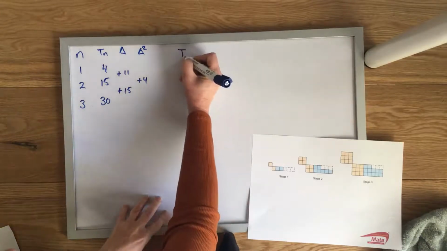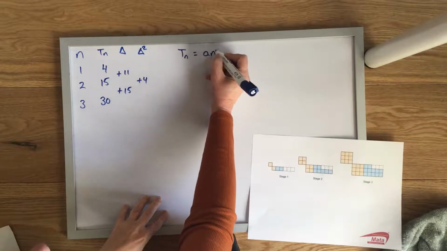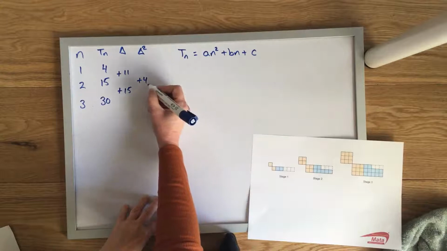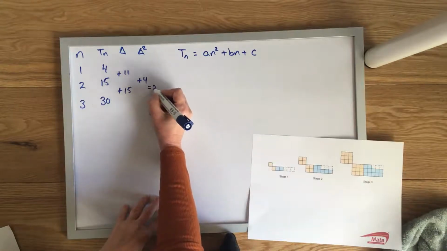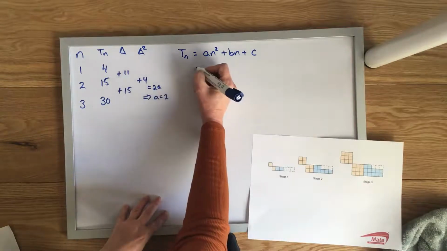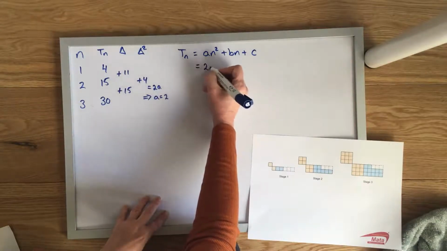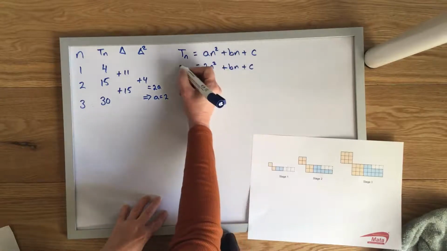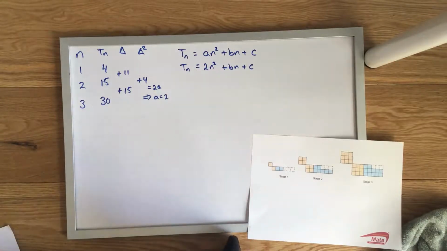So our general term is going to be an squared plus bn plus c, where we know already that 4 is equal to 2a, so that implies a must be 2. So if we substitute that in here, we've got 2n squared plus bn plus c as our general term, and we still need to figure out what b and c are.